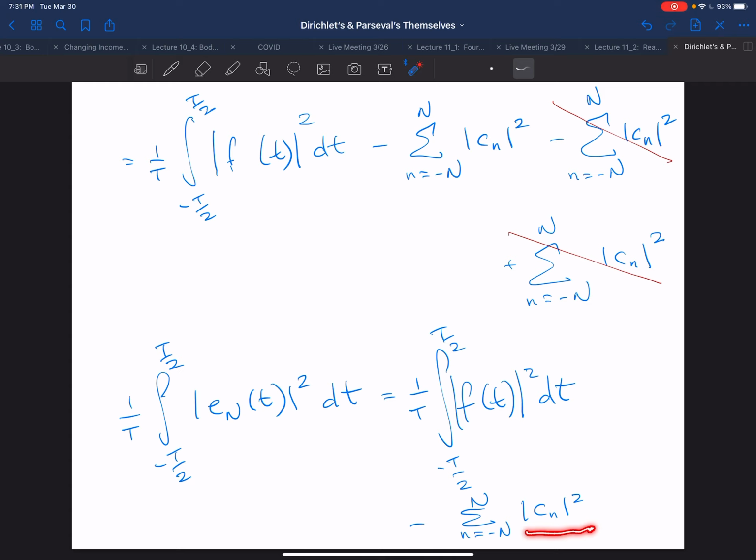And because all of those terms are orthogonal, it turns out that the power in those terms is additive. You can get the power in the entire partial sum simply by adding up the power of each of the terms for each value of n.